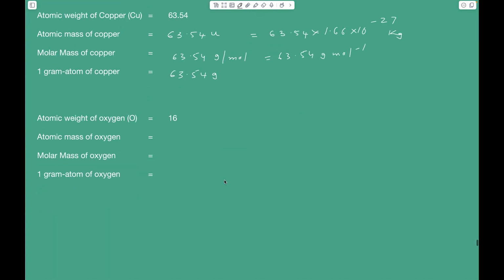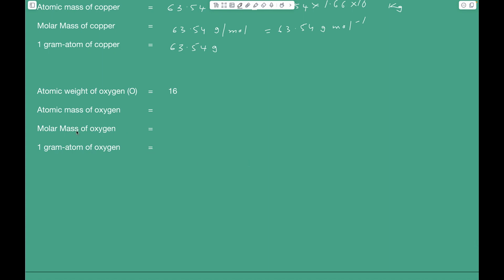Now here we have another example. The atomic weight or the relative atomic mass of oxygen is 16 approximately. Then the atomic mass of oxygen is simply 16 U, the mass of 1 oxygen atom in unified atomic mass units. And in kilograms it would be 16 times 1.66 times 10 to the power of minus 27 kilograms.